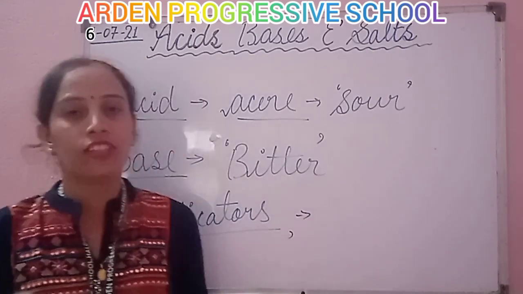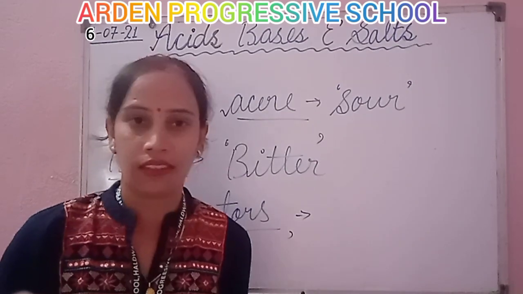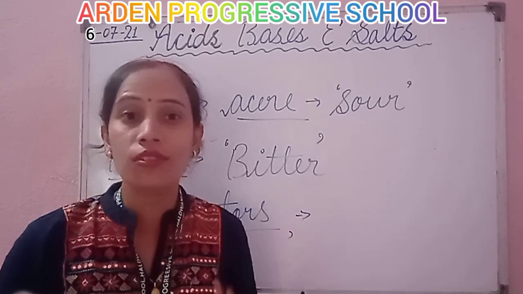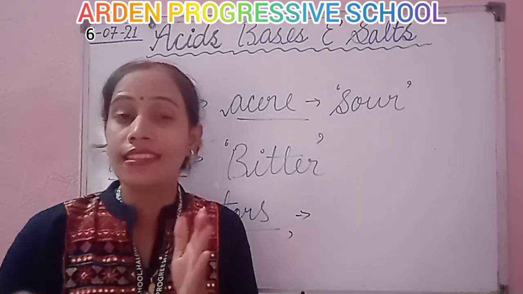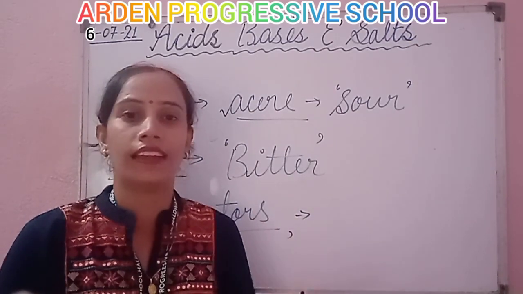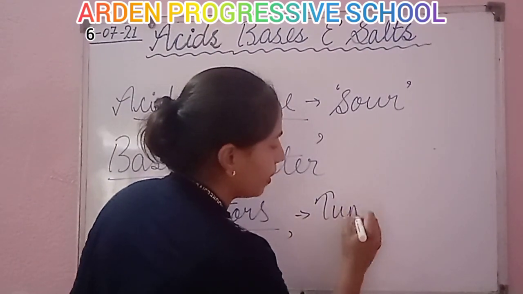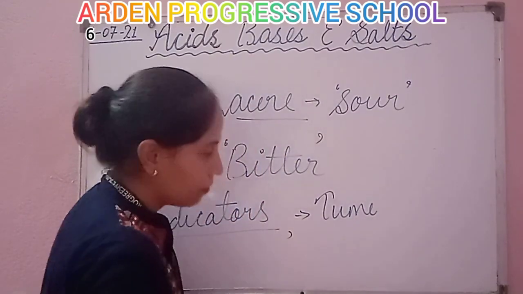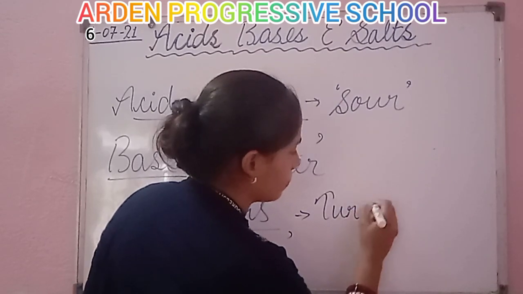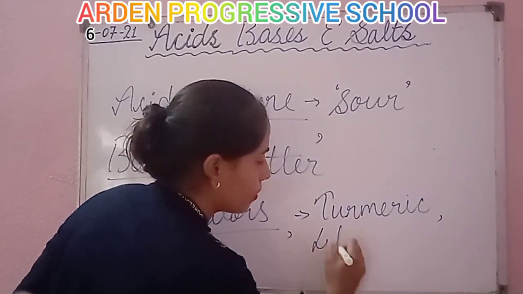So the indicators change their color when they are added to the acids and the bases. Clear? Some commonly naturally occurring indicators are, first, turmeric. Turmeric you all have seen in your houses, that is the haldi that we use in our food. It is also an indicator which determines whether the substance is acidic or basic. And another example is litmus.